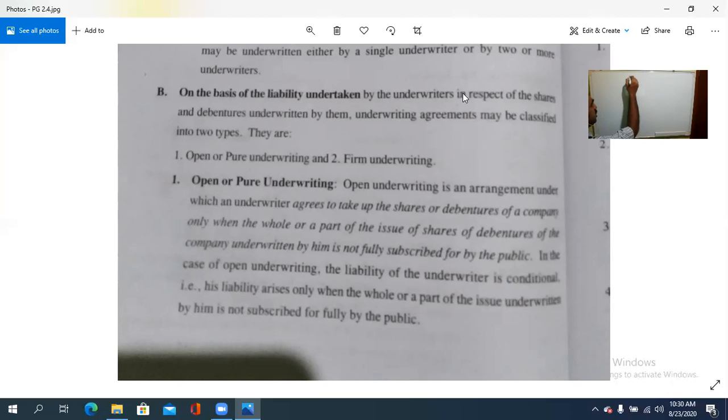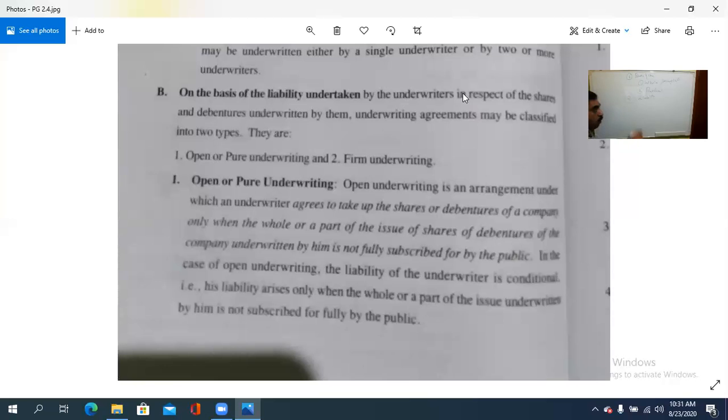So the first case is on the basis of shares: one is whole or complete underwriting, and the second is partial underwriting. The second basis is the liability.